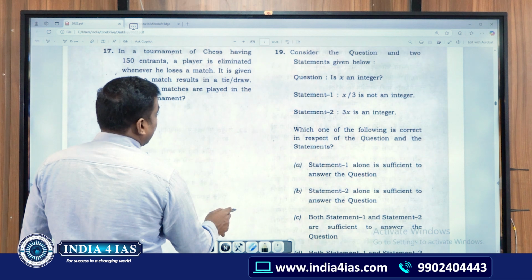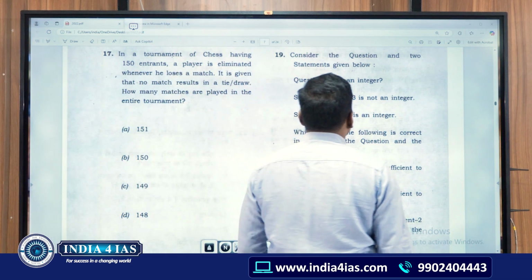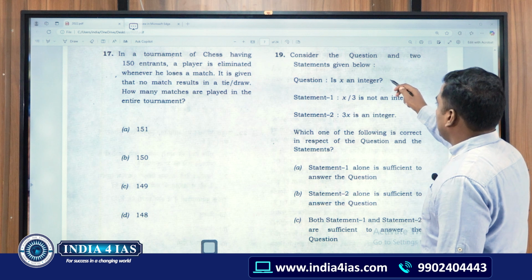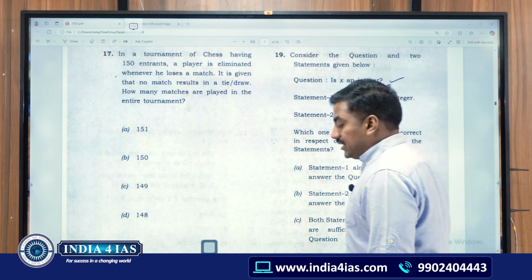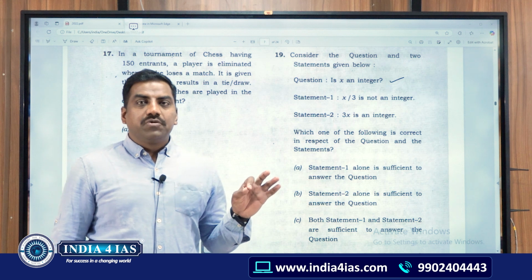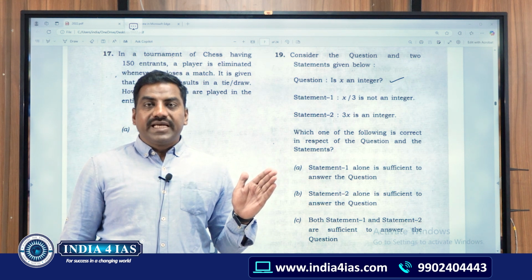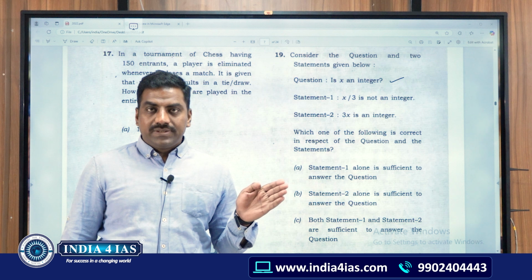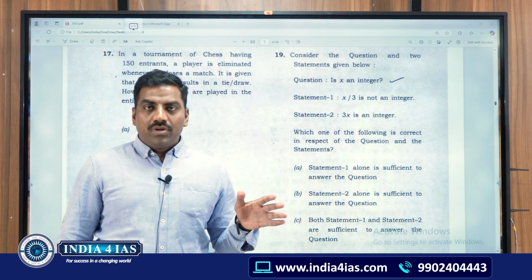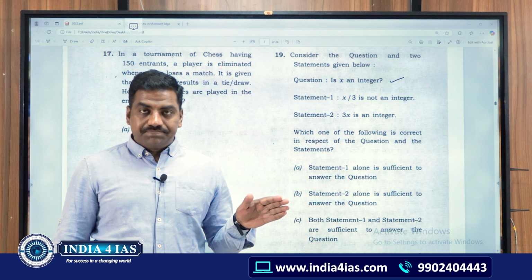Okay, this is also a data sufficiency problem. Consider the question. They are asking whether x is an integer. Is x an integer? We should be able to say yes when in 100% of cases it will be an integer. We should say no in 100% of cases if it is a fraction.